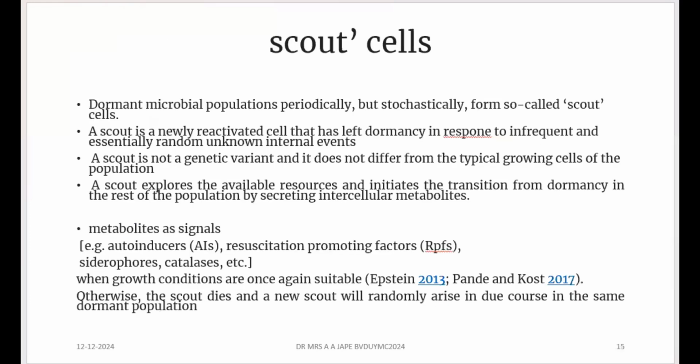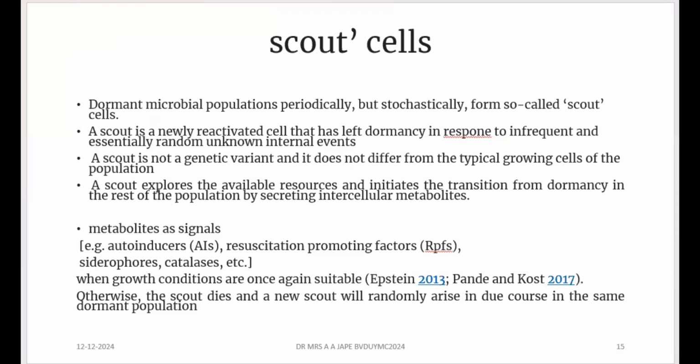So what is a scout cell? The dormant microbial populations that periodically form are referred to as scout cells, which are not a common phenomenon. Right, spore formation is not a common phenomenon, right?